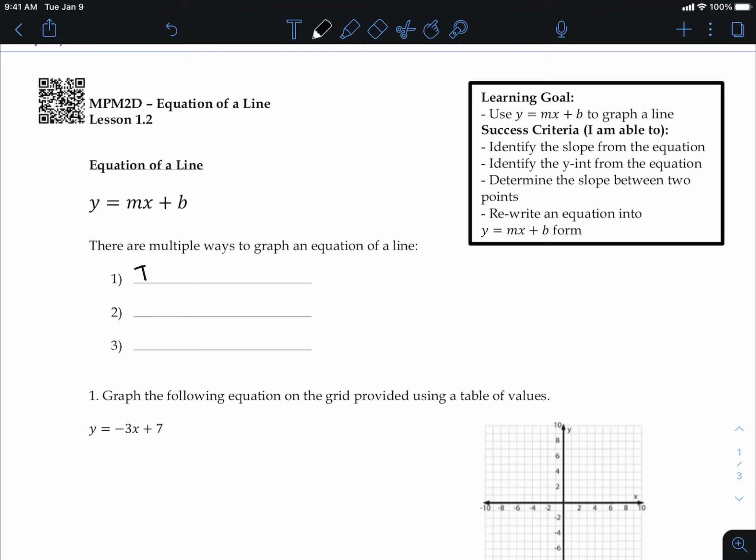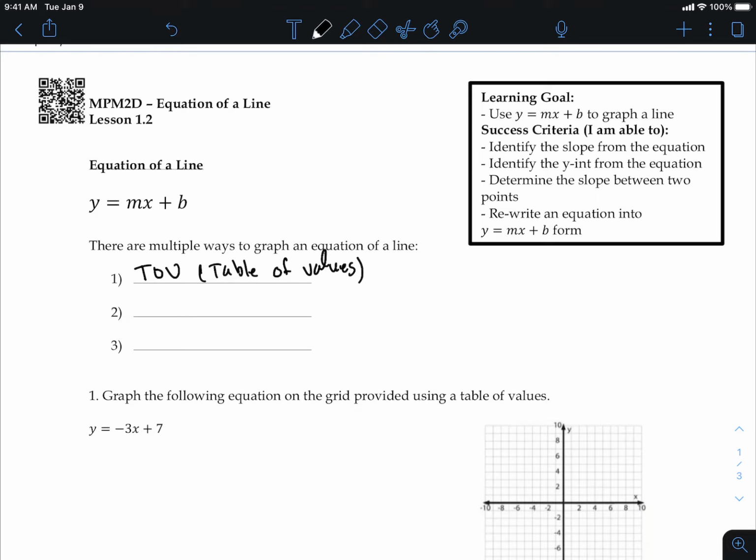That's what we call a table of values, okay? It's probably the slowest of the 3 forms. It's kind of like your last resort. If you don't know what you're doing, you can always use a table of values to produce the graph. Always. Doesn't matter what the function is. It's a line, it's whatever, okay?